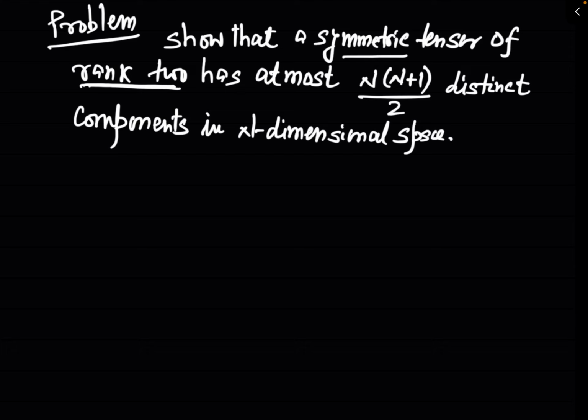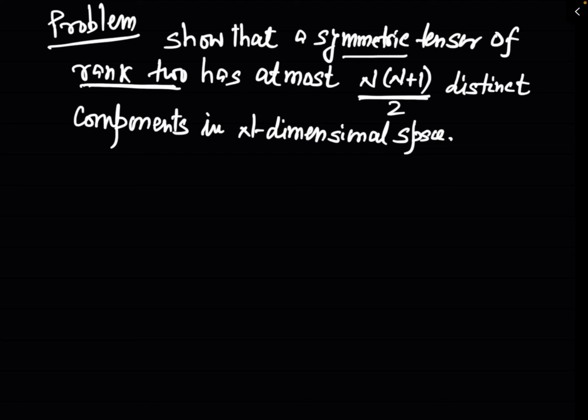If your tensor is of second rank, that tensor may be either a covariant tensor or a contravariant tensor, but if it is of second rank and symmetric, then the total number of independent or distinct or different components of such a tensor is n into n plus 1 over 2.